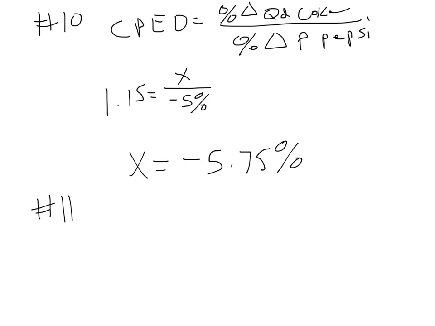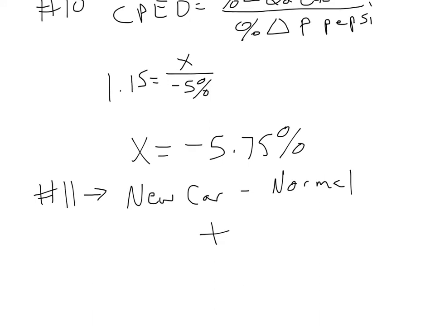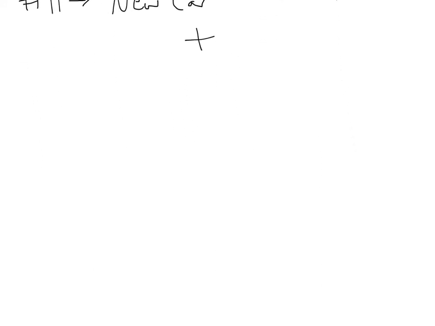And so if we assume that a new car is a normal good, that means as income goes up, so does demand. That means a positive, both are moving up. So we would assume that new cars would have a positive income elasticity.